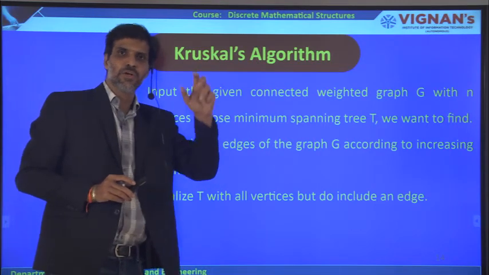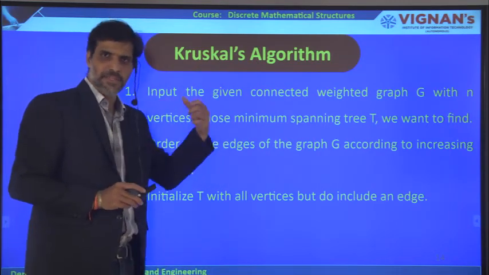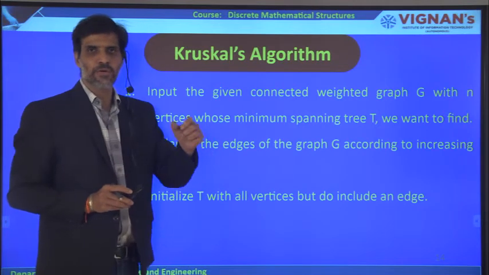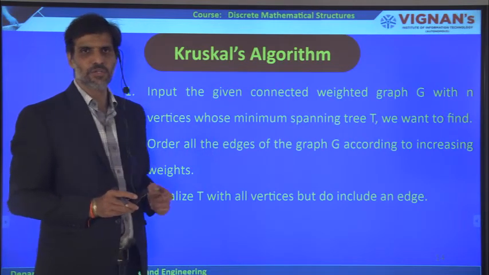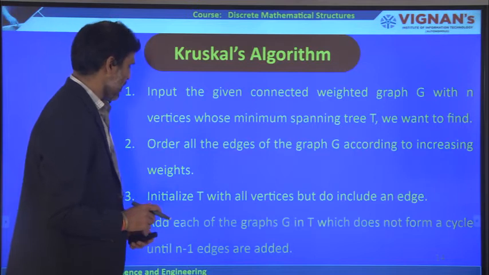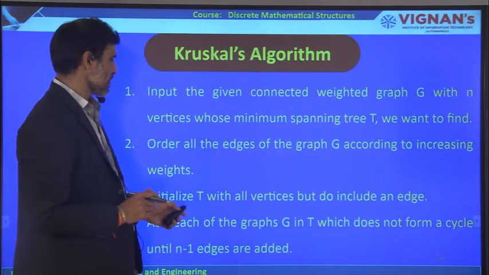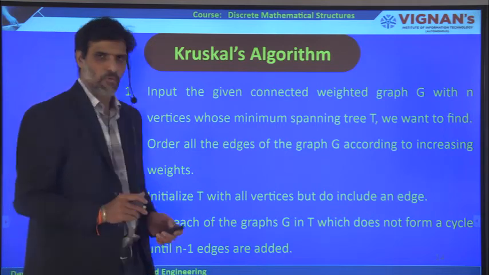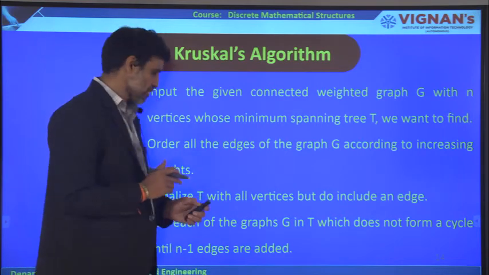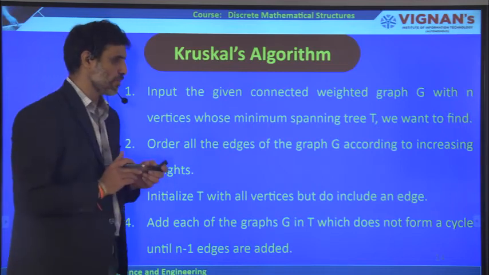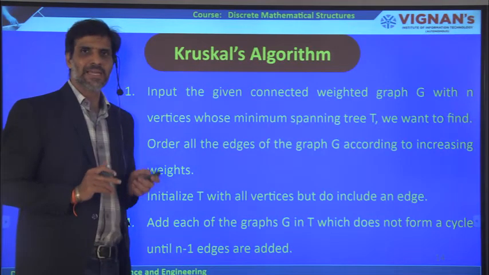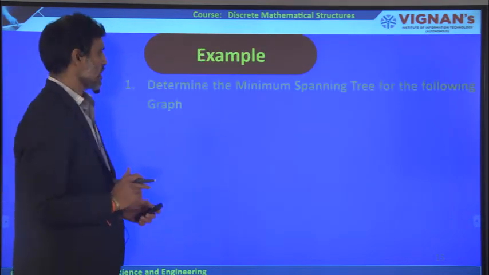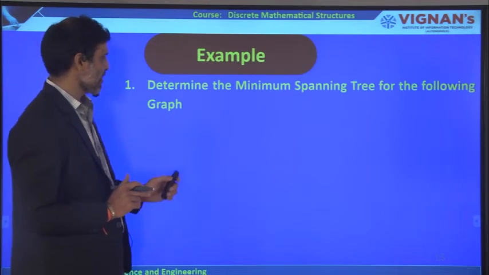Then, according to the increasing order of the weights from step 2, we take the edges and join them. Add each edge of the graph Z to T which does not form a cycle, until n-1 edges are added. These are the 4 very important steps to get a minimum spanning tree using Kruskal's algorithm.